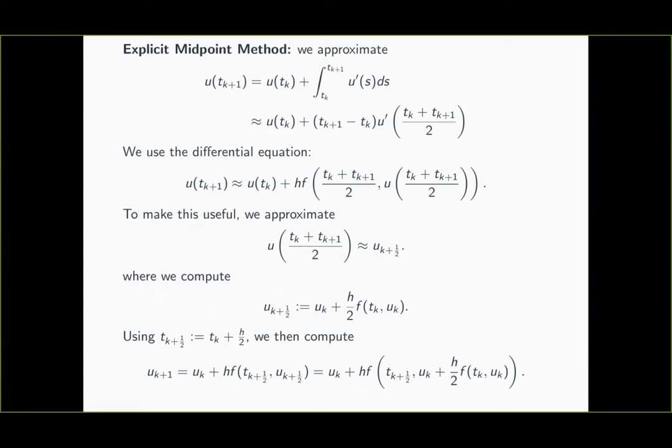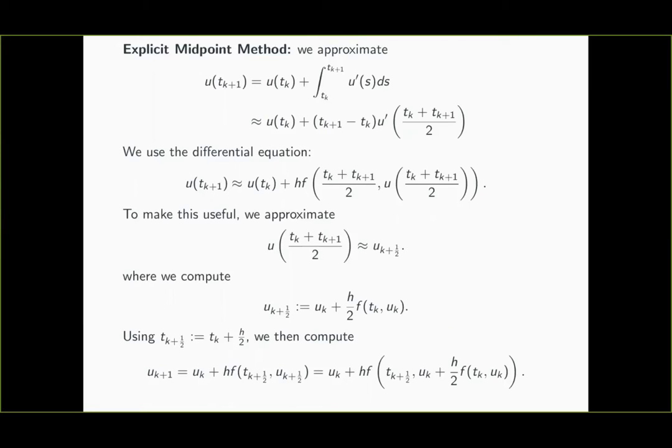So what we then compute in the end is, suppose we already have u_k, we define u_k+1 as u_k plus h times f at t_k+1/2, u_k+1/2, where u_k+1/2 is defined as above. So what we actually compute is u_k plus h times f(t_k+1/2, u_k plus h/2 times f(t_k, u_k)).